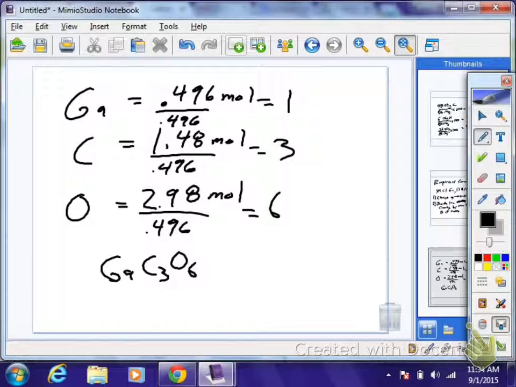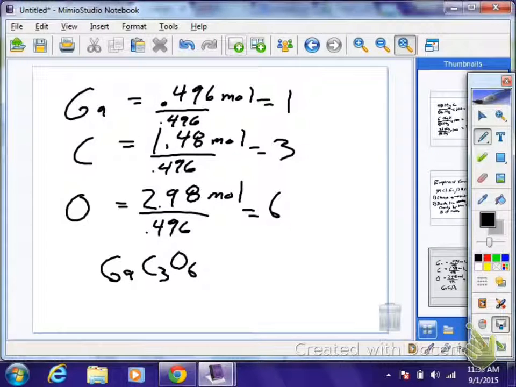Now, when you look at your polyatomic ion sheet and you look for C3O6, it's not on there. At least the ones that we are given. So we can talk a little bit about empirical formulas and molecular formulas.